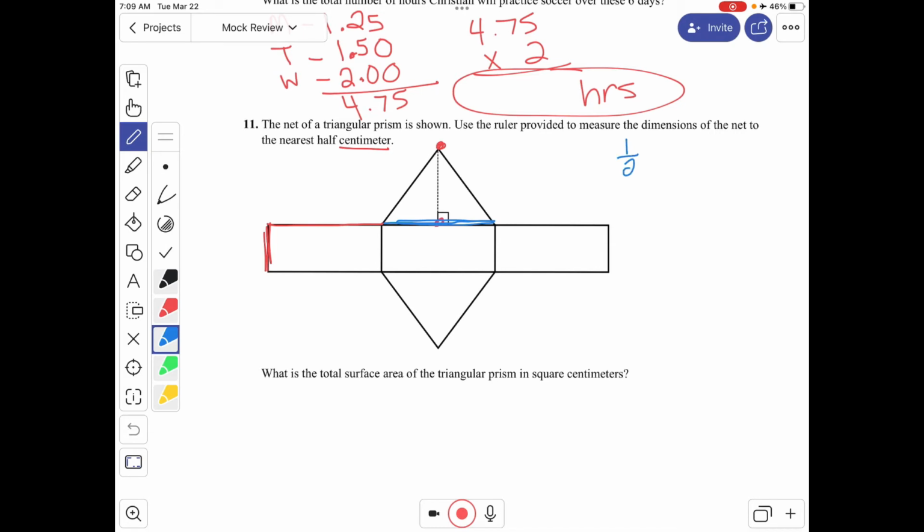And the area of a triangle is 1/2 base times height. But there's going to be 2 triangles plus the 3 rectangles. And I'm pretty sure they're the same, so that'll be 3 times base times height to find the total surface area.